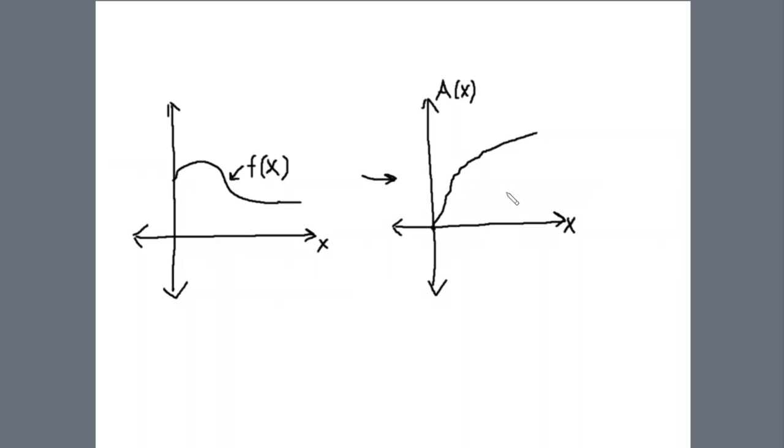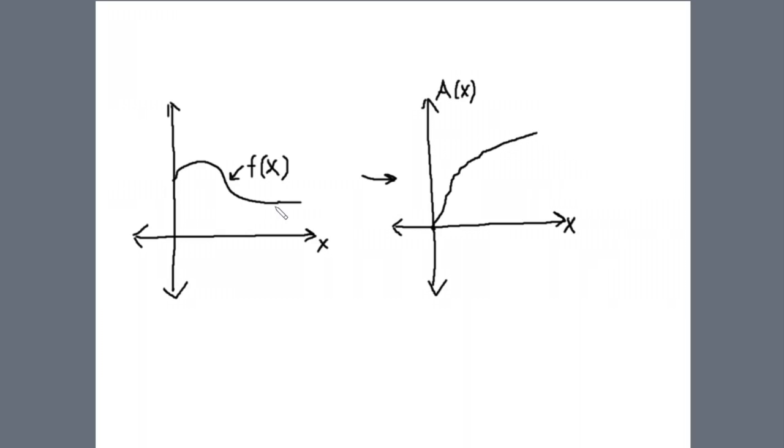So our area function will look something like that. To summarize, the derivative of the area function is the function f. So if we want to find the area under the curve of this function, we need to find another function that has this function as its derivative, which is what you do when you integrate a function.